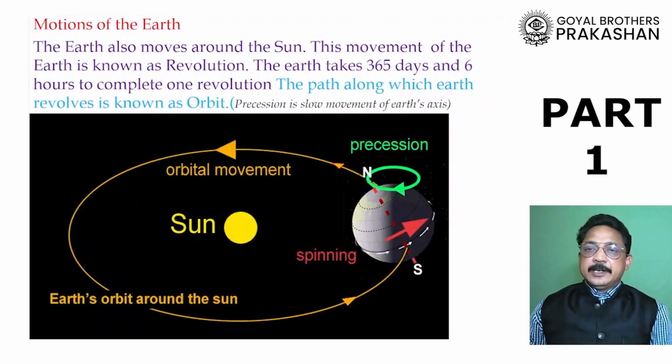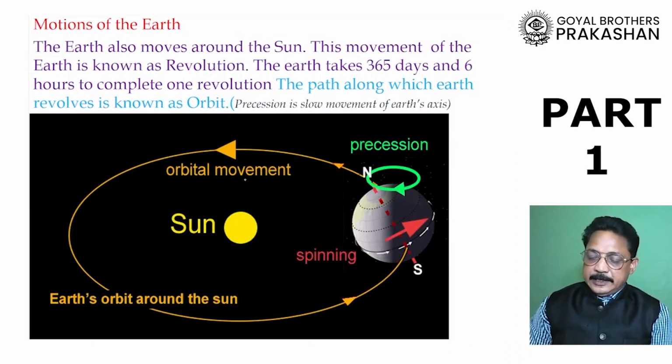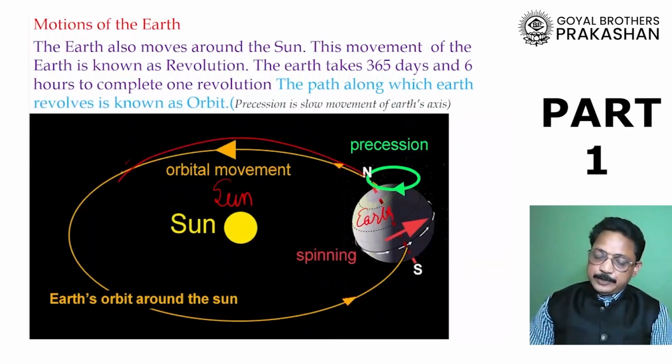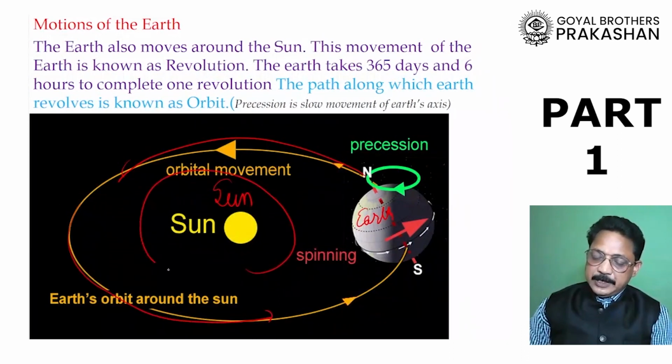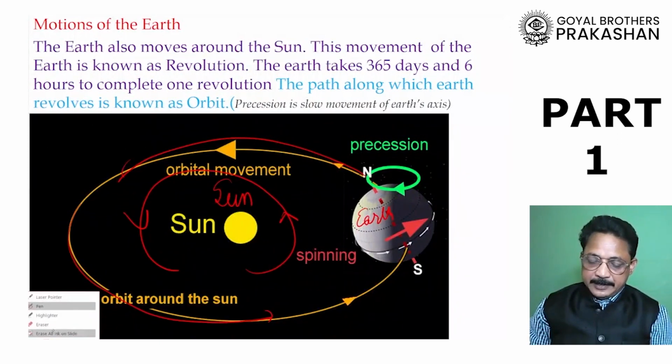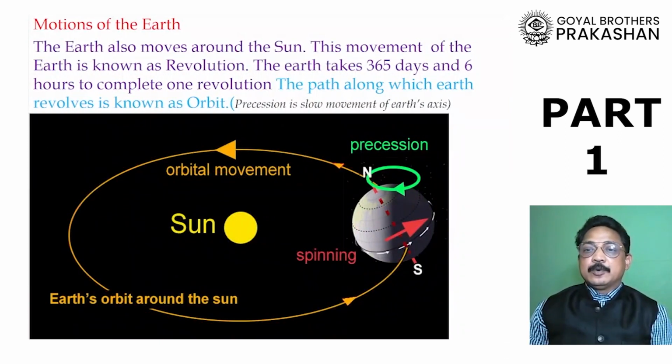You can see here in this picture, dear students, that this is the sun and this is the earth. The earth is moving in the opposite direction of the hands of a clock. So this motion is anti-clockwise. We also call it counterclockwise.